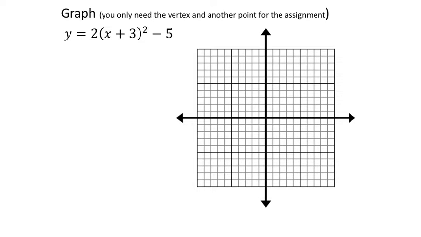For this one, I'm going to limit the number of methods I show for finding other points. The vertex is shown already because this is in vertex format for our quadratics. That's helpful because now I can tell where my vertex is.